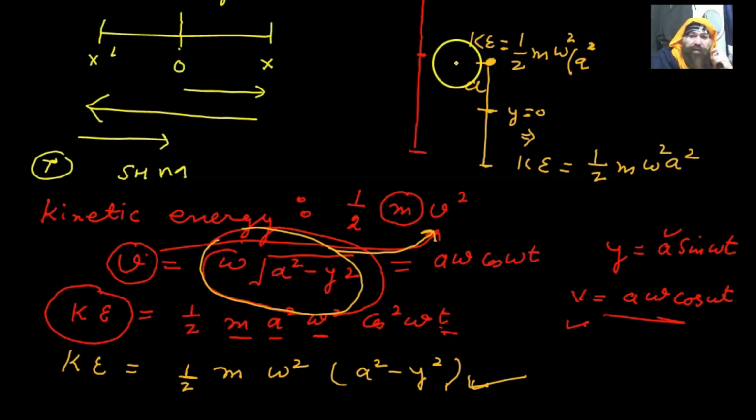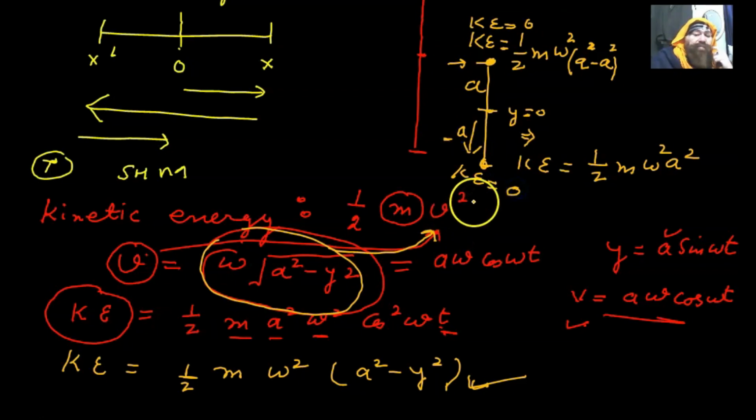So a square minus a square becomes 0, so kinetic energy equals 0. At the other extreme, y equals minus a, and again a square minus a square is 0.